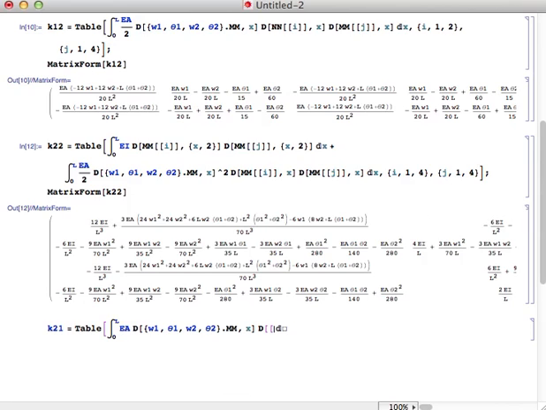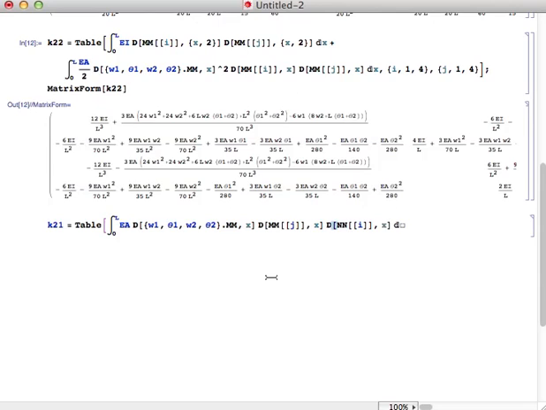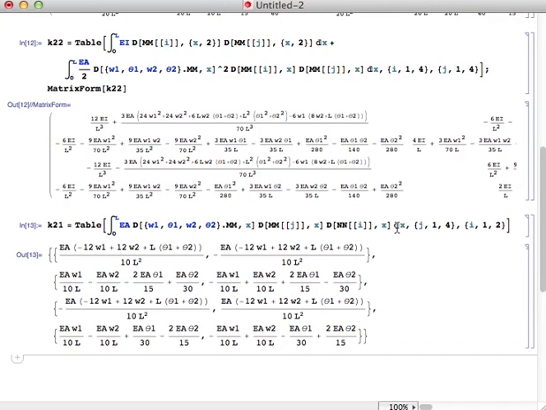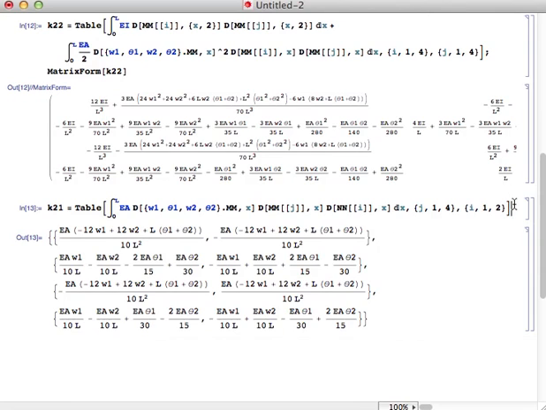D MM J, D MM I. And then this is going to be a 4 by 2, so we'll go from J equals 1 to 4, which will be the rows, and I 1 to 2, which will be the columns. Okay. And look at it in matrix form.